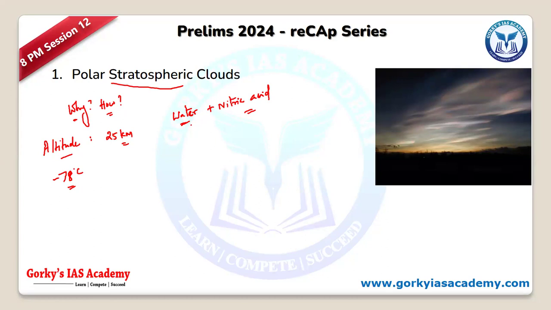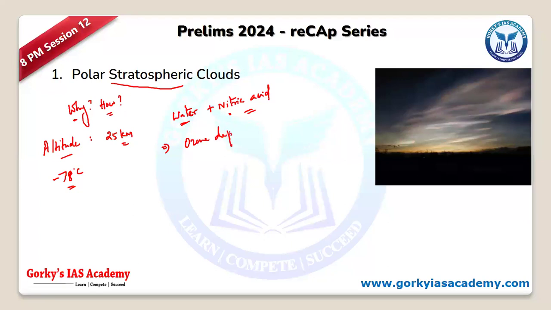So in this combination, when nitric acid is mixed with water and forms the cloud, these colorations and displays are available at that particular time. So automatically, this results in one of the most important consequences: ozone depletion. Ozone depletion, right?